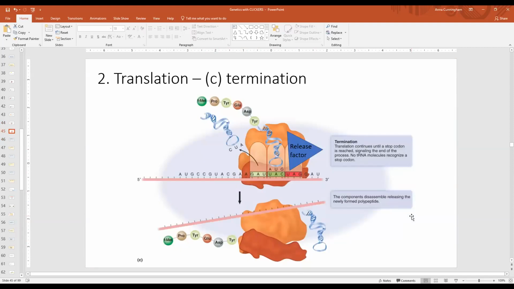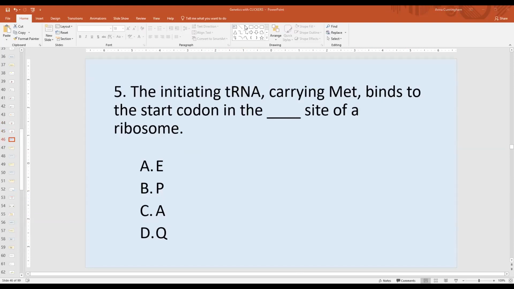All exciting. Okay, so I do want to look at this more closely, but first, I have a couple of questions for you. So let's try a poll, shall we? Okay. So our first question is number 5.